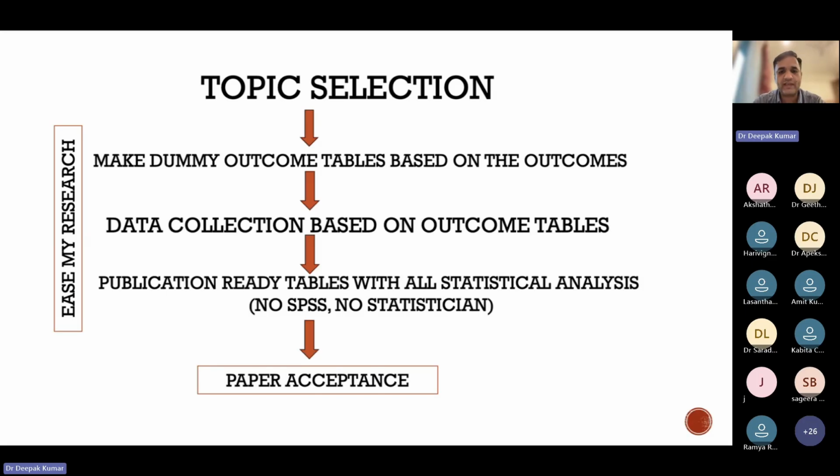You will definitely get a best publication-ready table with the statistical analysis. And I'll show how the new tool, EaseMyResearch, helps you turn your idea into a publication, and you will not get rejection.